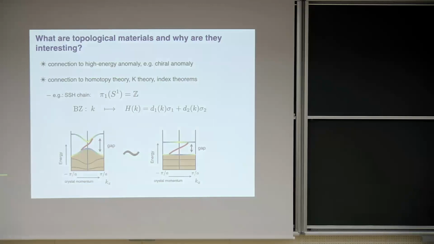Then the Hamiltonian just defines a map from the circle S1 to the circle S1, and we know from the first homotopy group that this classification is Z. So there is a very rich correspondence between these material aspects and complicated mathematical concepts.